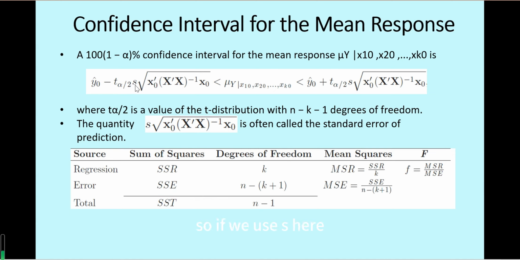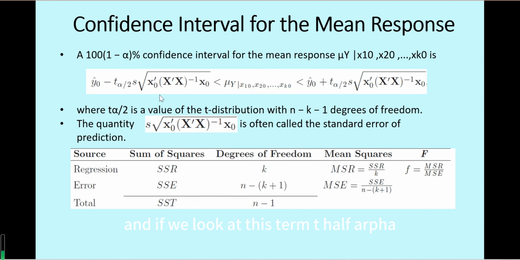So if we use s here, we can get a confidence interval for the mean response of y given x variables. This is the y hat 0. This just fills in, gets a point estimate from the equation, minus this term, and this is the y hat plus this term. This is the lower bound and this is the upper bound.